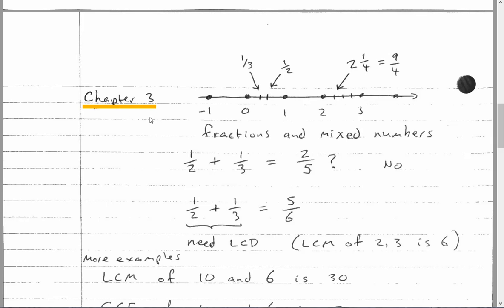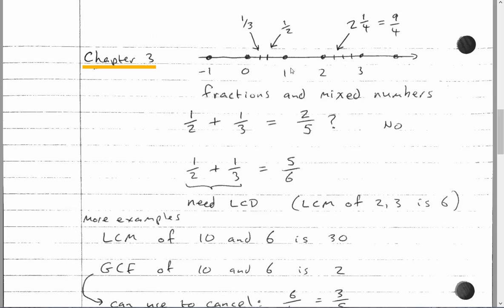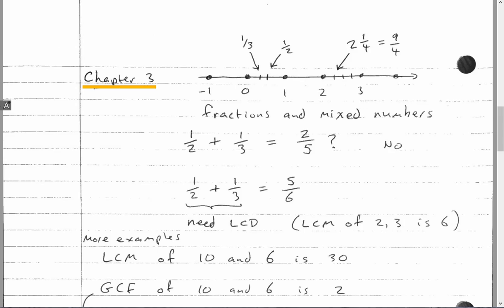Chapter 3, so you can see this course gets more difficult as we go on. So chapter 3 is probably the most difficult chapter, where we look at fractions. So on the number line, where do fractions show up? They show up between the whole numbers, between the integers.